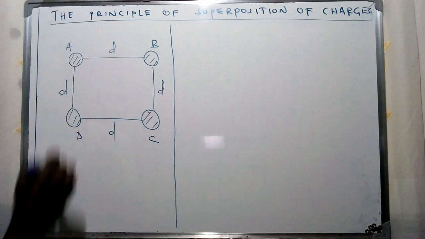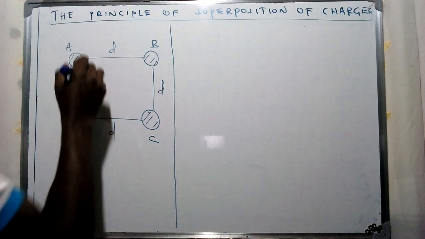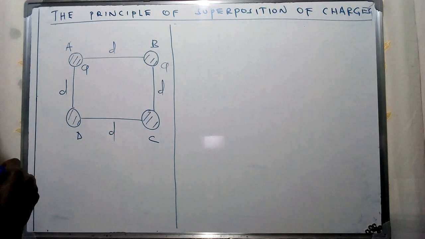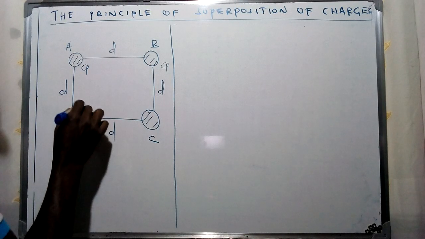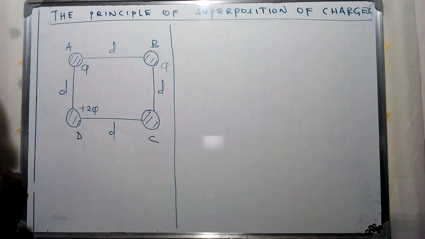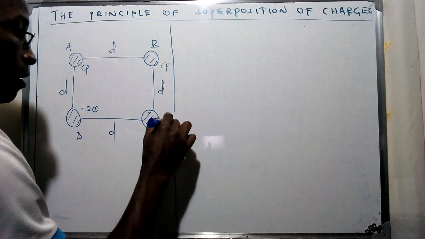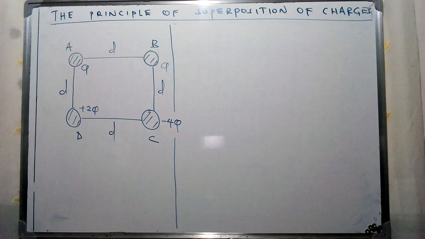The two charges A and B each have a charge of Q, then we have a positive 2Q for D, and negative 4Q for the particle C respectively.